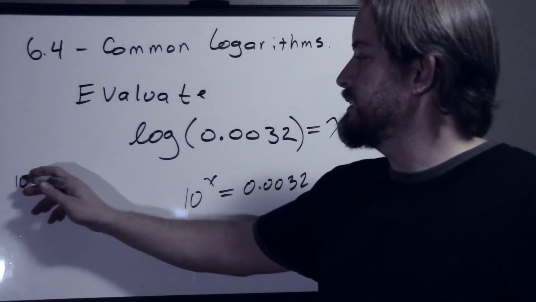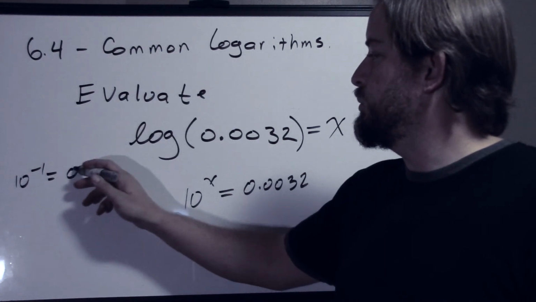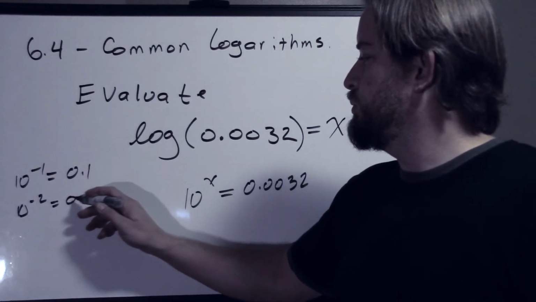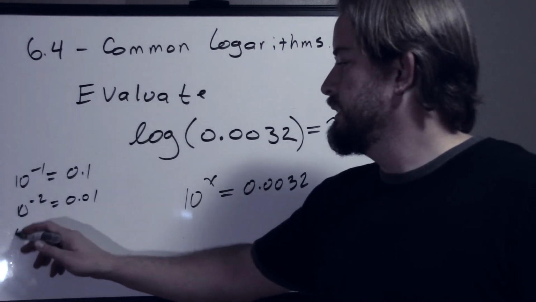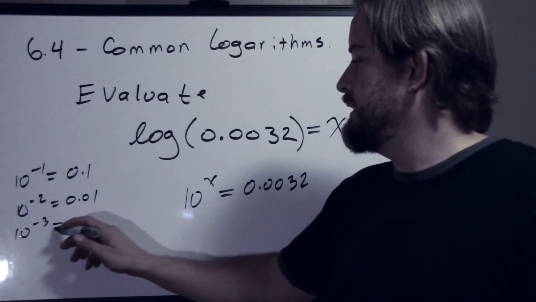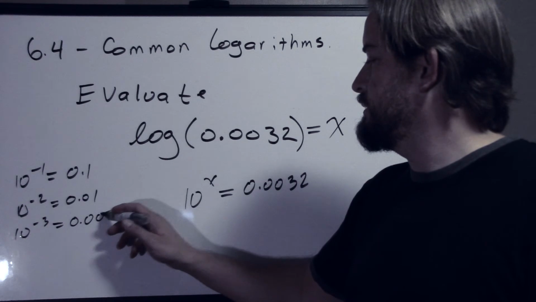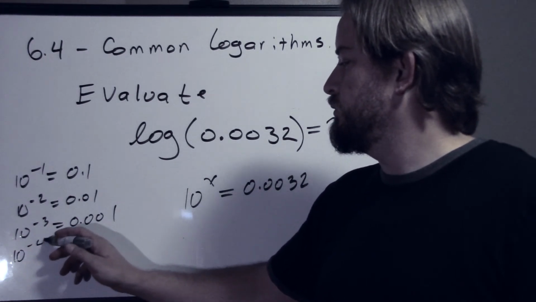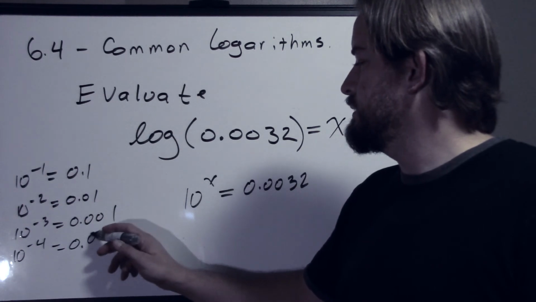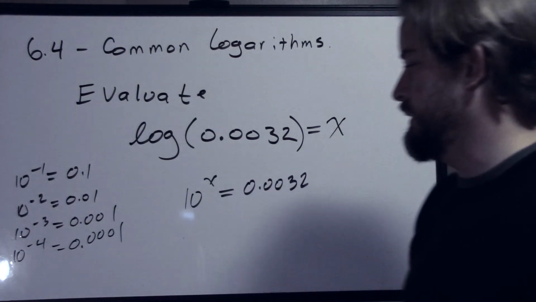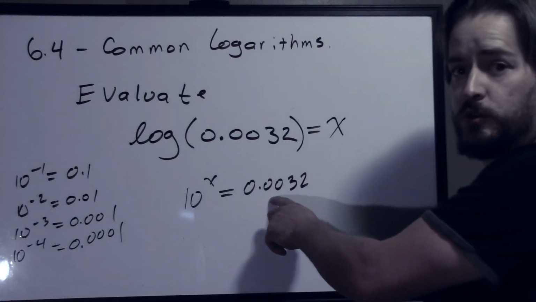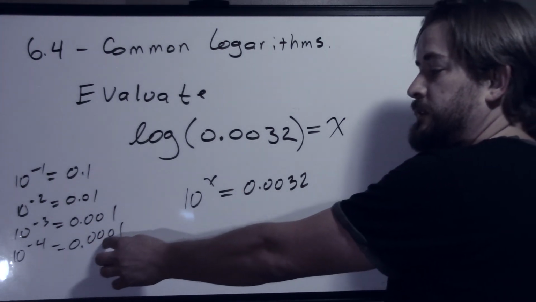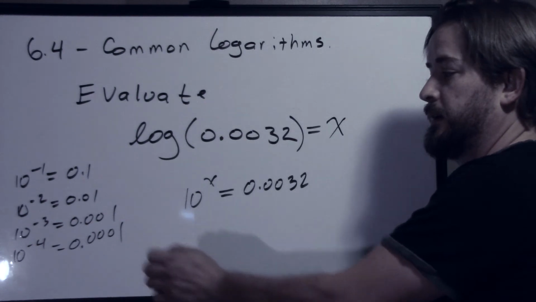But let's look at this. 10 to the negative 1 is 0.1. 10 to the negative 2 is 0.01. 10 to the negative 3, 0.001. And then 10 to the negative 4 is 0.0001. This number, 0.0032, is bigger than 0.0001.